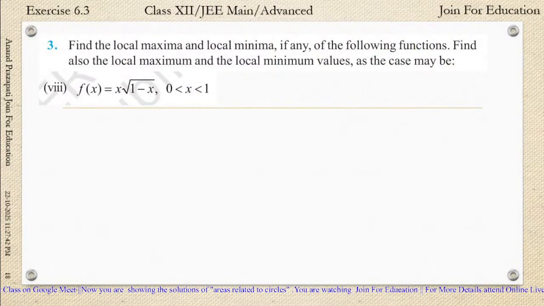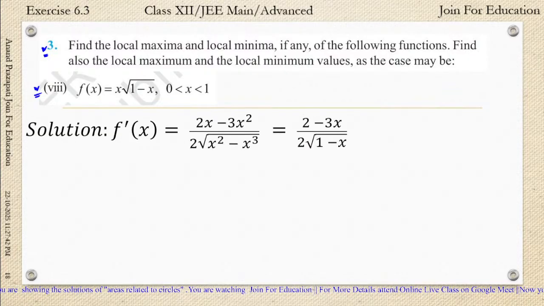Let's see the last question of question number 3, which is question number 3 to 8. First derivative of f x is 2x minus 3x square by 2 root of x square minus x cube.